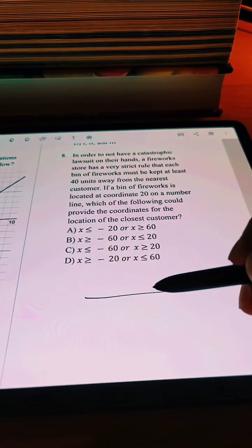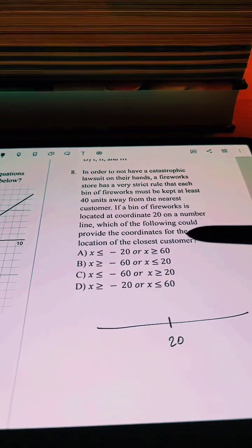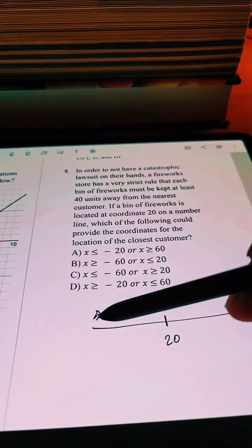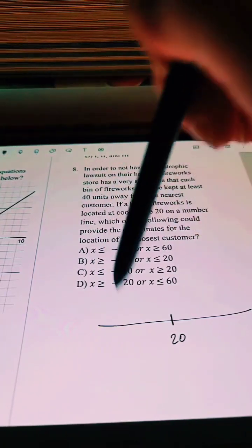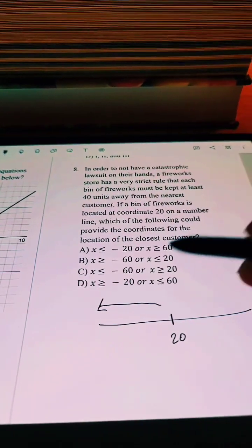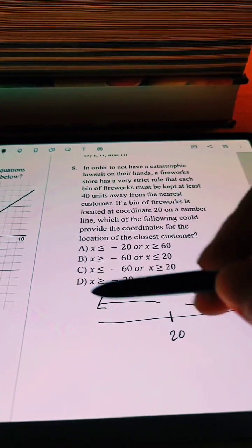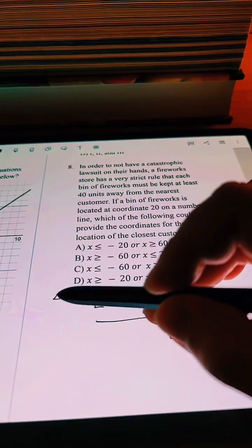So, we're at the coordinate 20, so think logically through this. They have to be at least 40 units away, so they could be at least 40 units this way, or at least 40 units this way. If we go 40 units to the left, it's going to be at negative 20, so they can go to negative 20 or beyond.